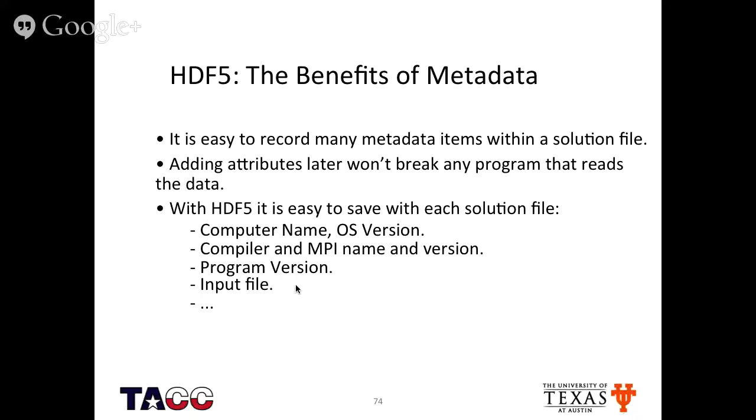That's really key. And my input files tend to be small, like 1,000 characters or less. So my solution file just has an extra 1,000 bytes in it, which is the input file. So I can reconstruct exactly what I did, or at least I know what I did, just by looking at the contents of the solution file. And if tomorrow I need to put the color of my shirt in that file, it won't break any of my readers, because it's just another attribute. So this is really powerful.